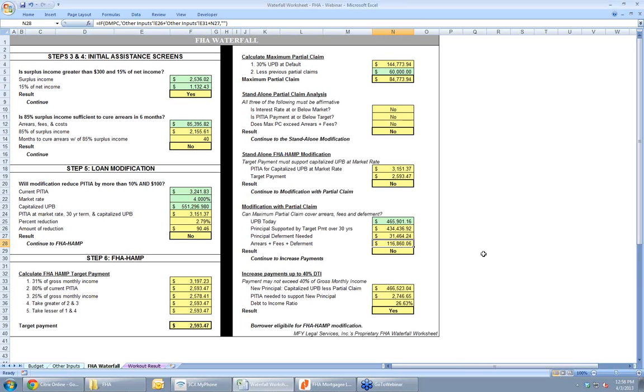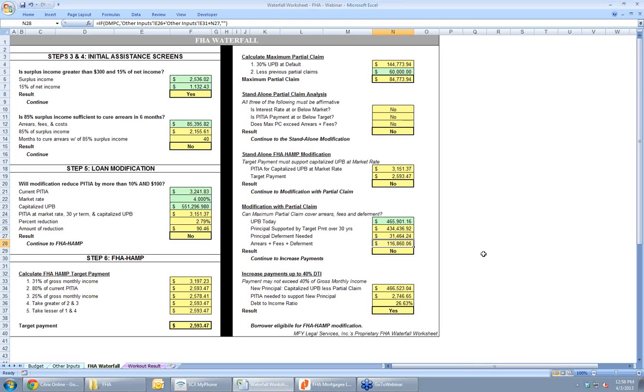But what if we allowed for a slightly higher monthly payment, and we go all the way up? We can go all the way up to 40% DTI. So we'll add a little bit back into the principal balance until we've maxed out that partial claim and see what we can give them.